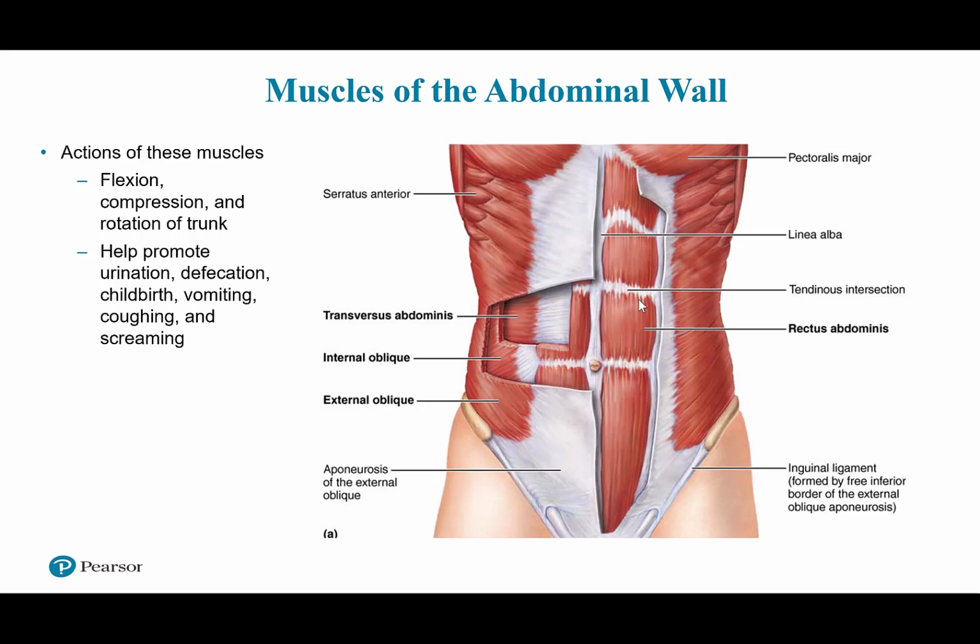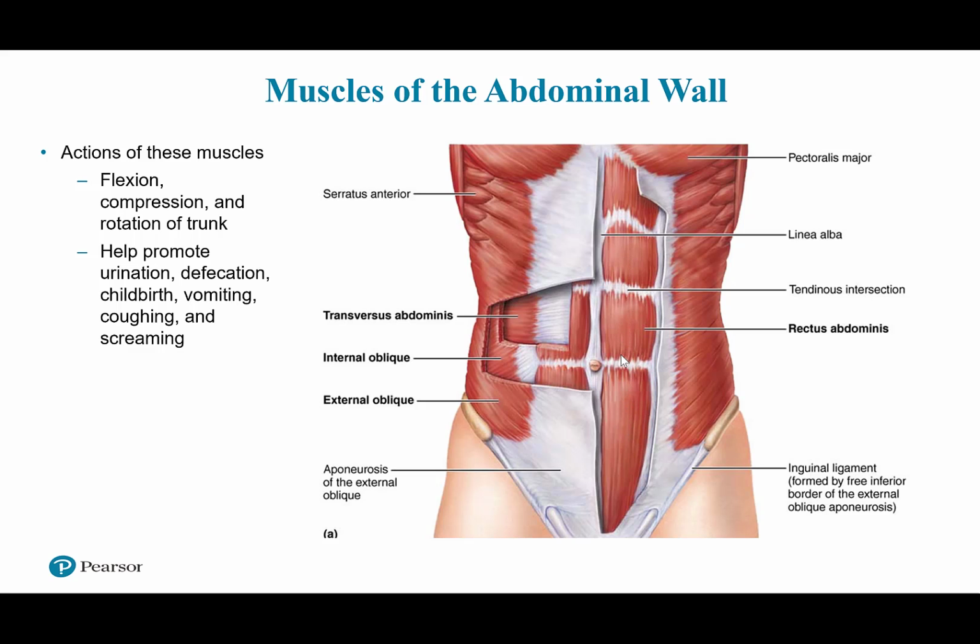This muscle is pretty much your abs muscle. You see guys with abs, or women with really good abs. You can see these packs here. Those are the packs that we consider the six pack. Those are the rectus abdominis.